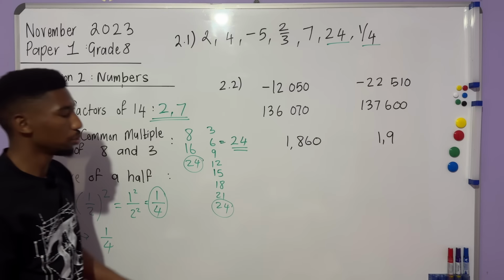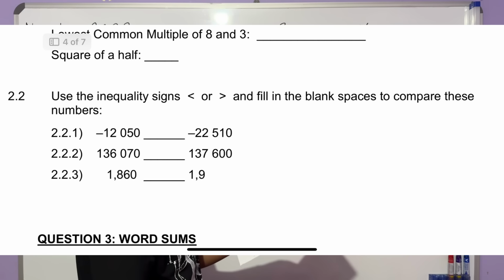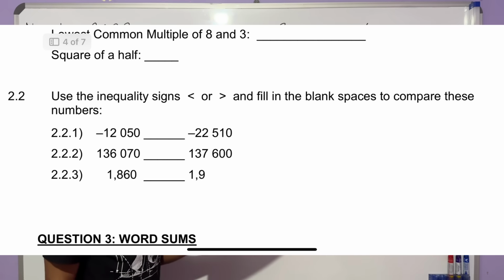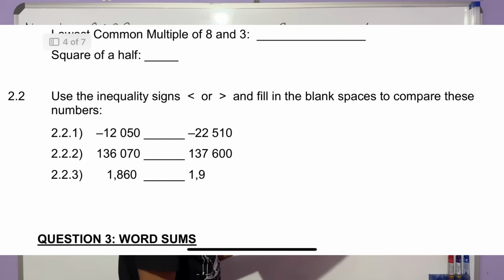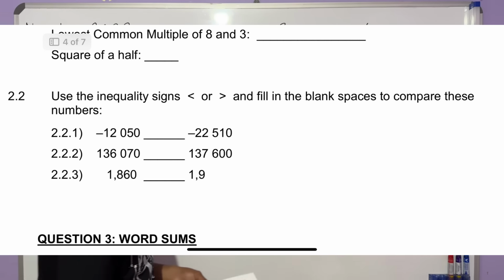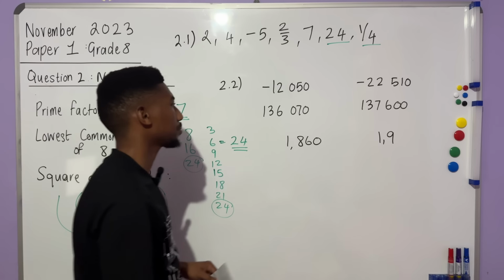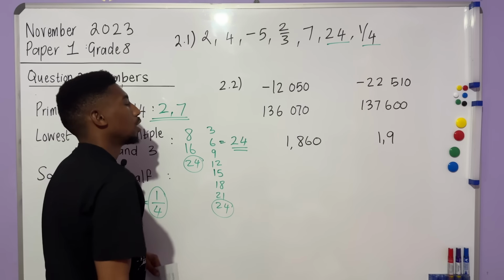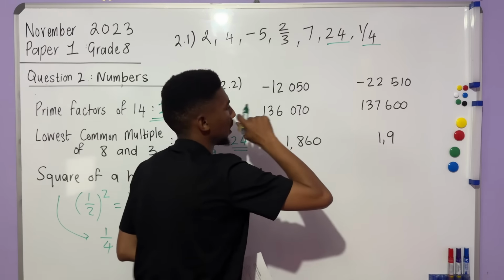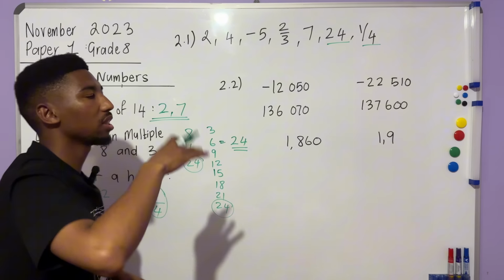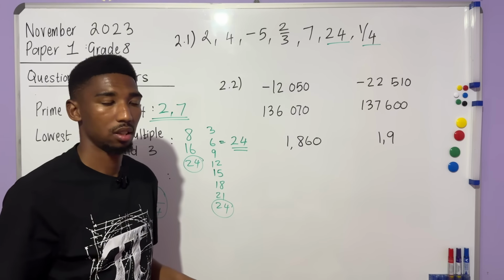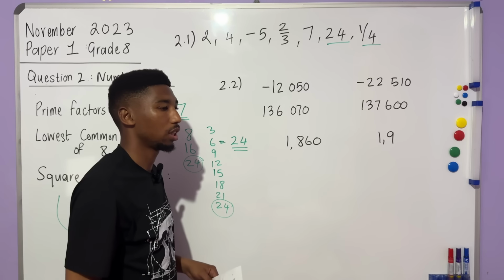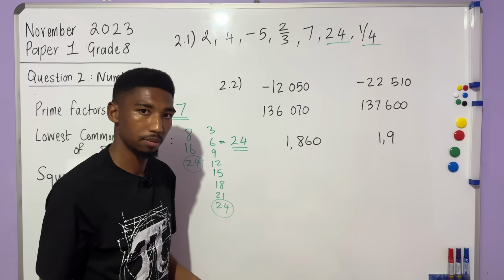Moving on to 2.2. Use the inequality signs, smaller than or bigger than. That's what those signs mean over there. And fill in the blank spaces to compare these numbers. When we have two negative values, the bigger the negative value, the more you are in debt, meaning that number is actually smaller.